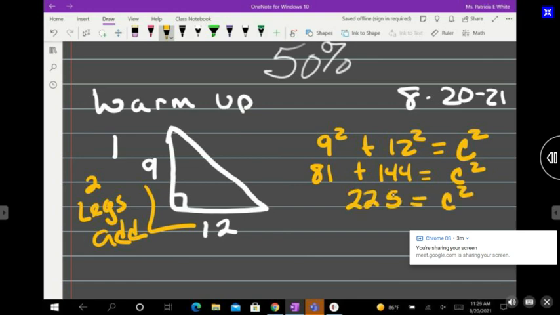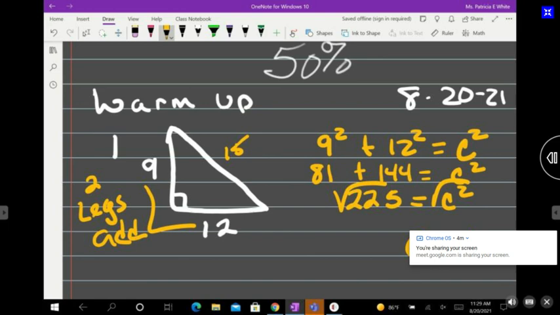And whether I'm doing distance or finding if it's a right triangle or not, or adding or subtracting, no matter what I'm doing, my last step is always to take the square root. 15. C is equal to 15, right?